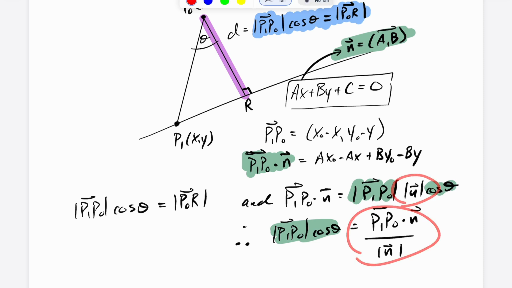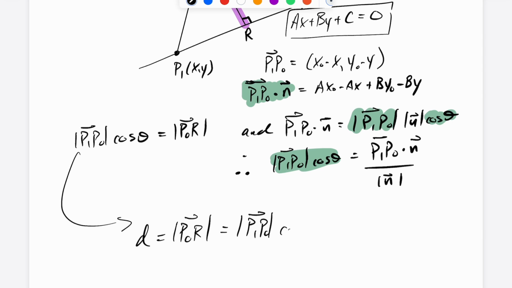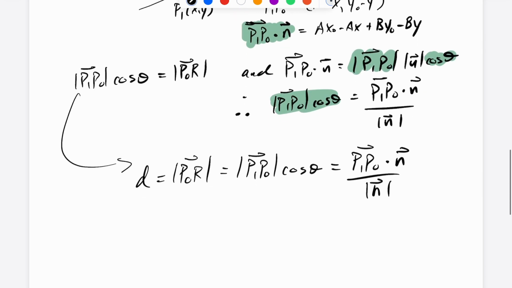I have this representation. So continuing this on here, I now know that my d value, which is what I want to find, is equal to the magnitude of P naught R, which we just discussed is equal to the following here. And that is exactly equal to P1 P naught dot my normal over magnitude of my normal. But as I just discussed above, P1 P naught dot my normal is equal to the following here.